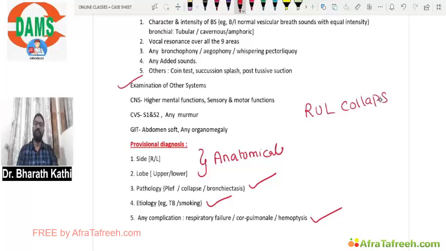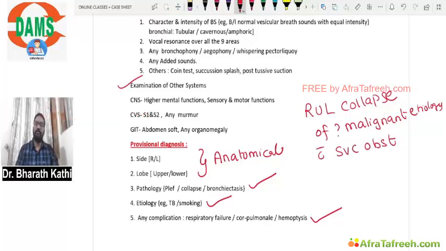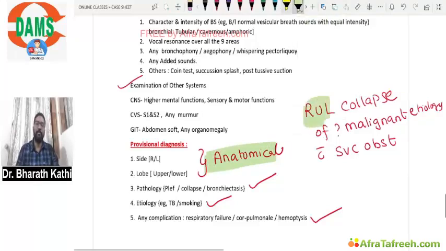So this is right upper lobe collapse with probable malignant etiology with SVC obstruction. So here the anatomical component is right upper lobe, whereas the pathological component is collapse.